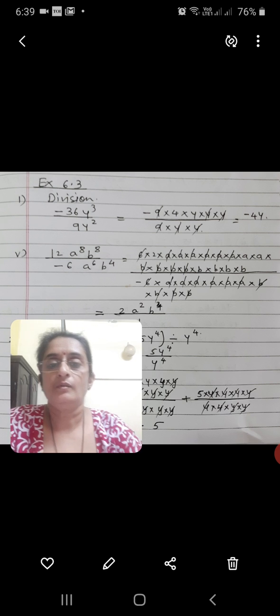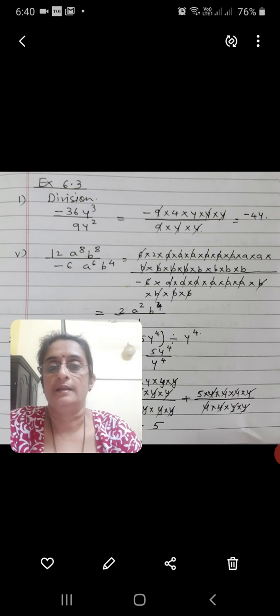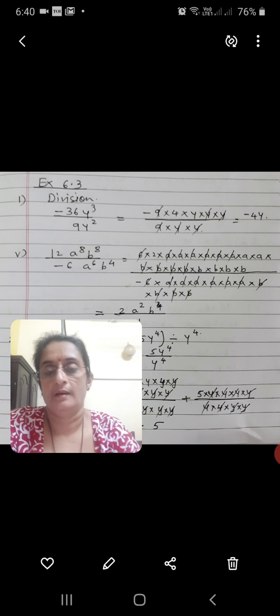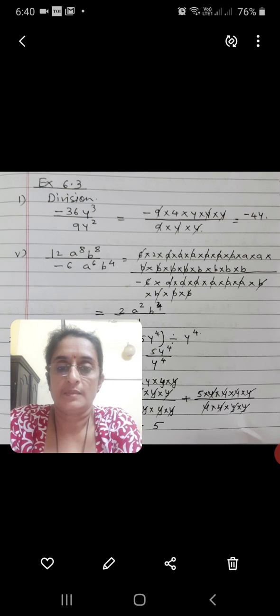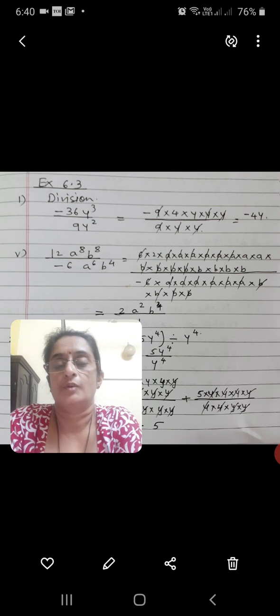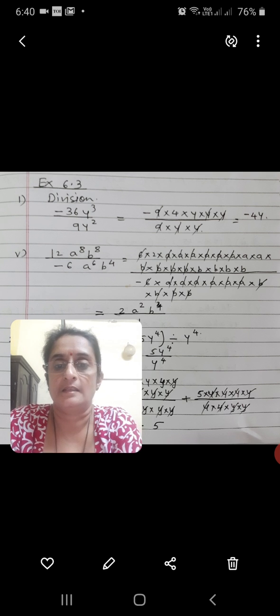Fine. Now here I have started with exercise 6.3, the division of minus 36y raised to 3 divided by 9y square. Whenever you are doing these types of sums, you have to open the given terms, so factorize them, so it will be easy to cancel the numbers and find out the solution.